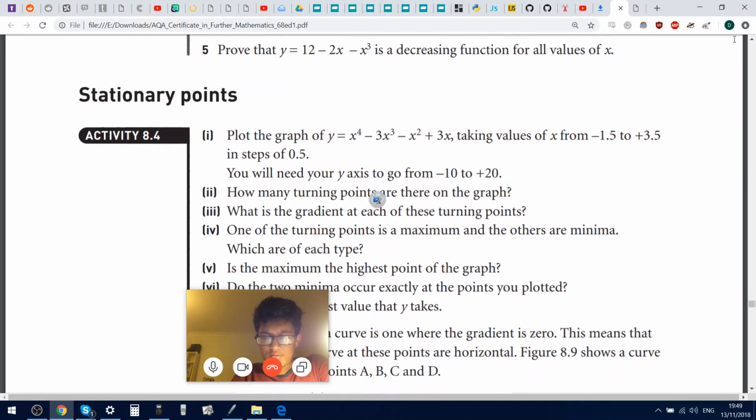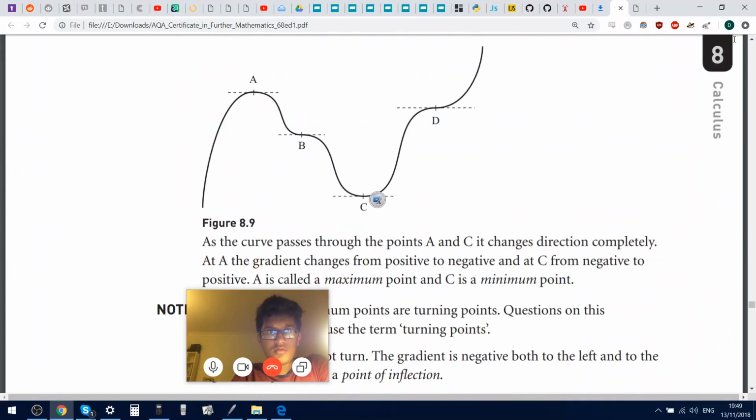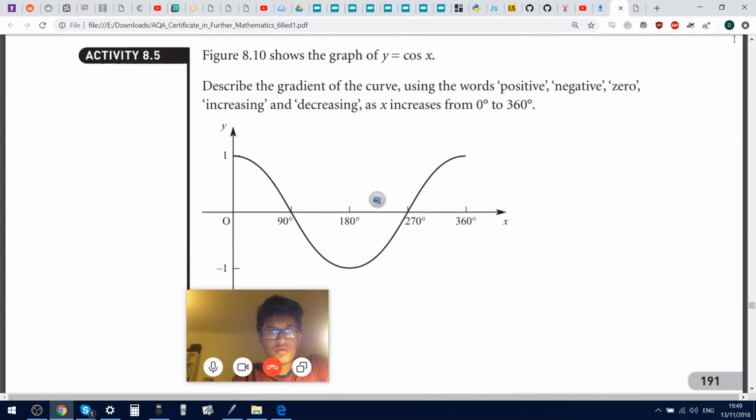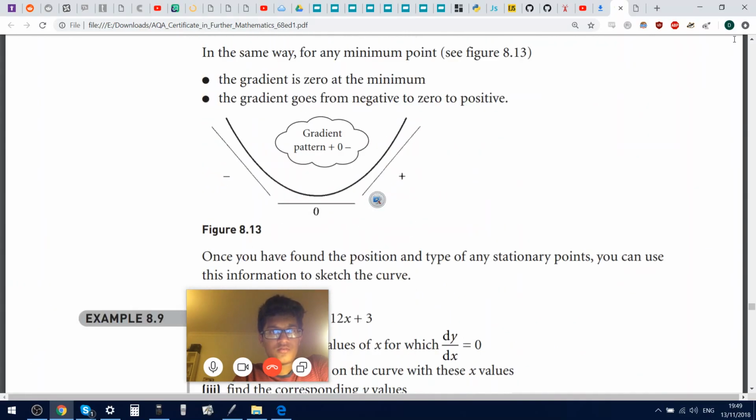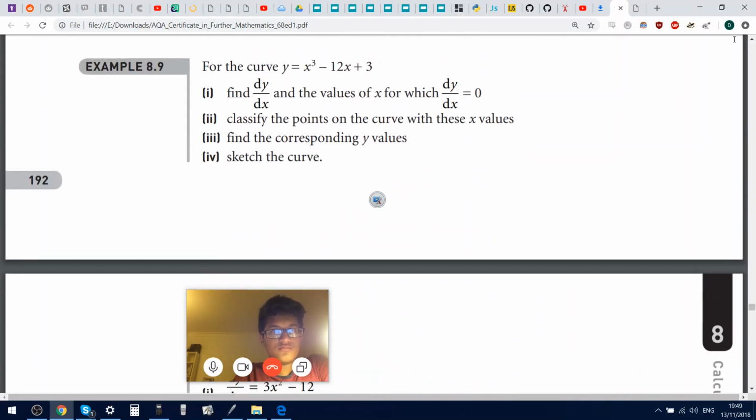Let's see. Stationary points. So we did this a little bit already. I just want to go to, let's see, classify the point. X values. Yes, this is a good one.